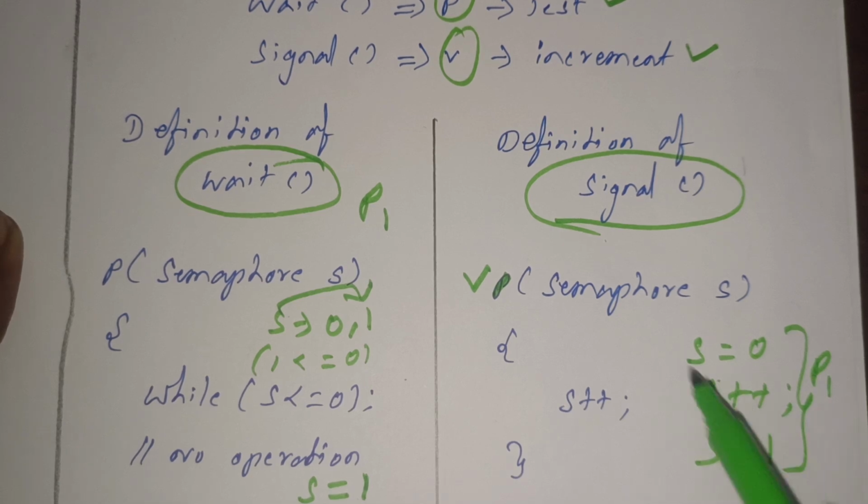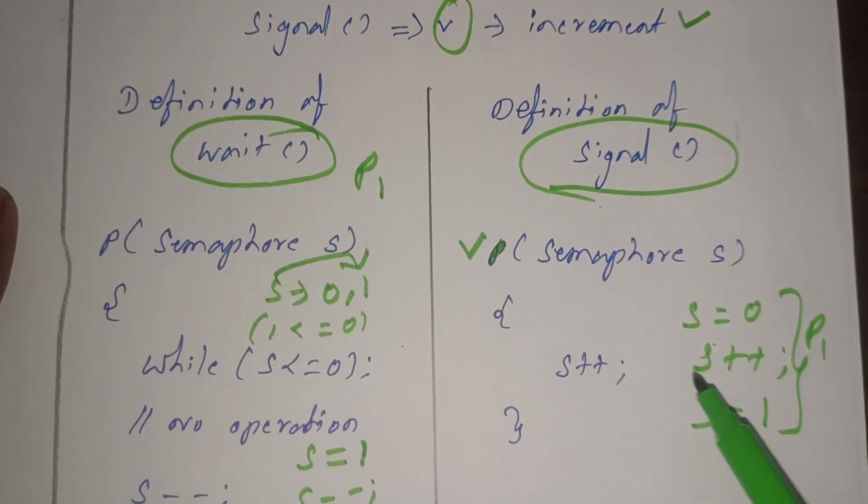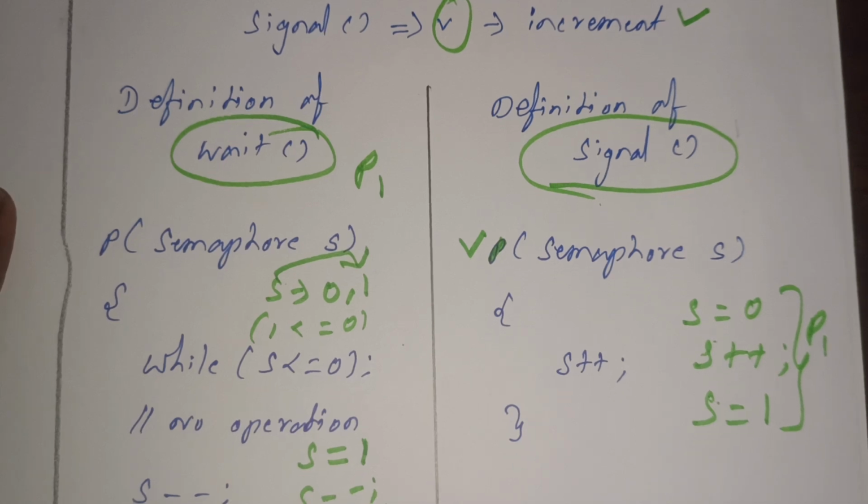Now S is set to 1, so 1 is less than or equal to 0 is false. If any other process checking to enter the critical section finds that S is 1, the condition is false and it can break out of the loop and go inside. That is the way P1 allows entry when it leaves the critical section.